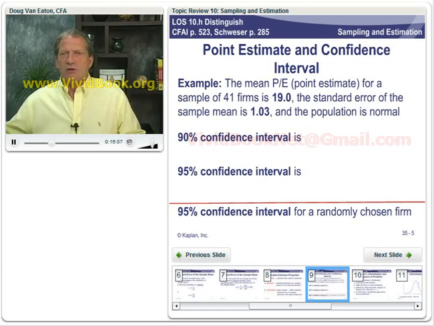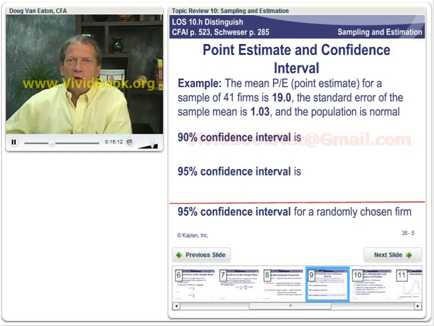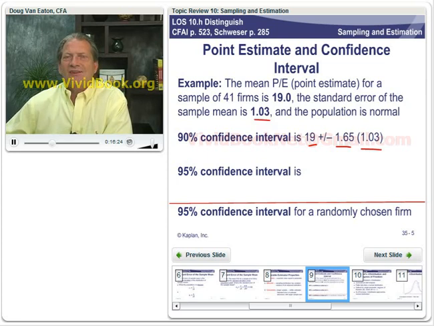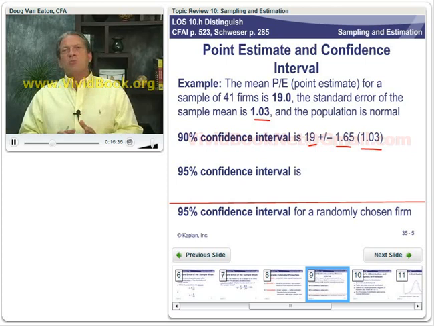So let's take a look at it in this context. We've got our point estimate plus or minus 1.65 times 1.03. Well, that 1.03 was the standard error of our estimator around the true mean. And 1.65, that's our reliability factor for a 90% confidence interval, right? Plus or minus 1.65 standard errors on either side of 19.